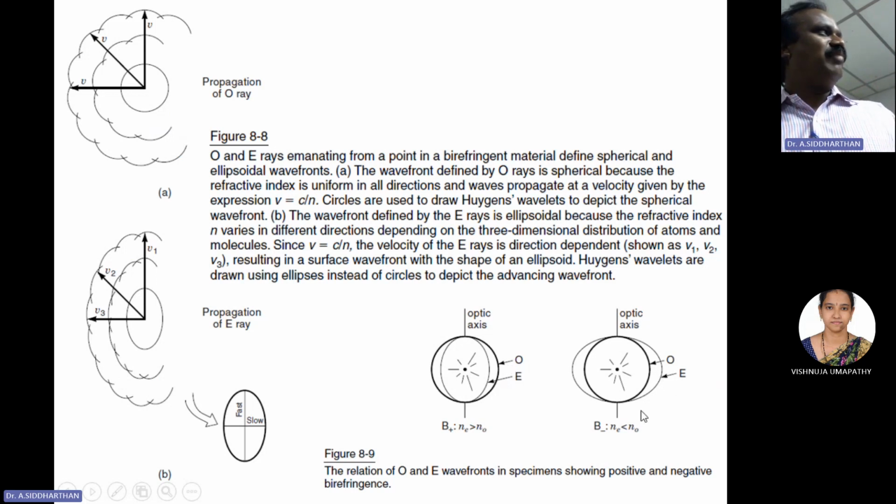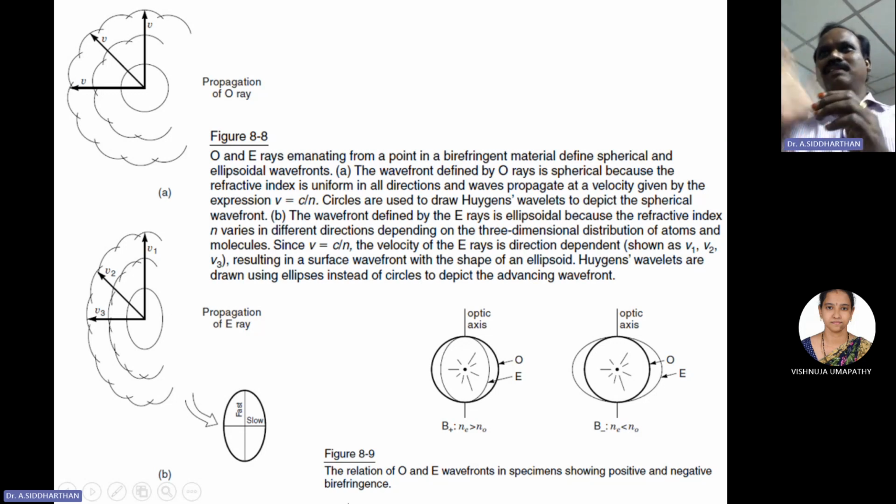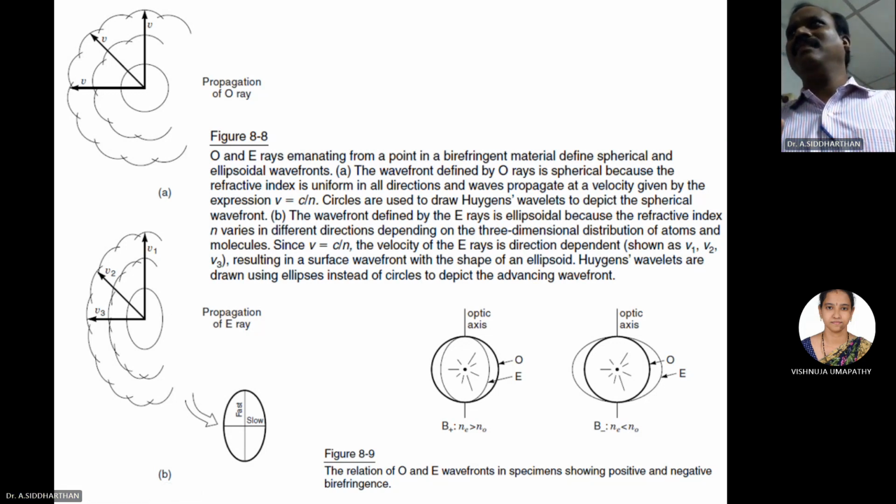In this type of birefringent crystal, where the ordinary refractive index is greater than the extraordinary, what is happening? The velocity along the optic axis is the same, but the field is attracted to go faster. The E vector is attracted by the dipole arrangement so that it goes faster, represented by this increase in the width direction.